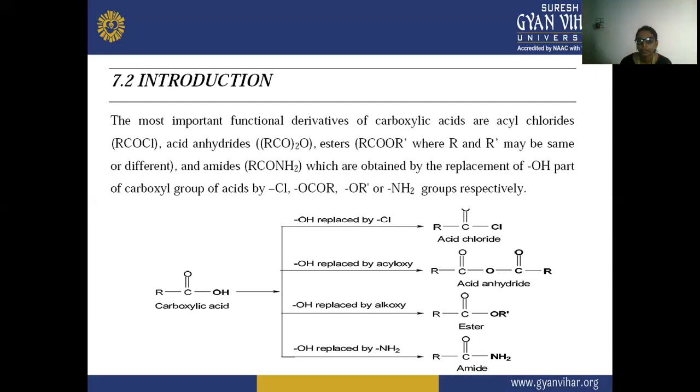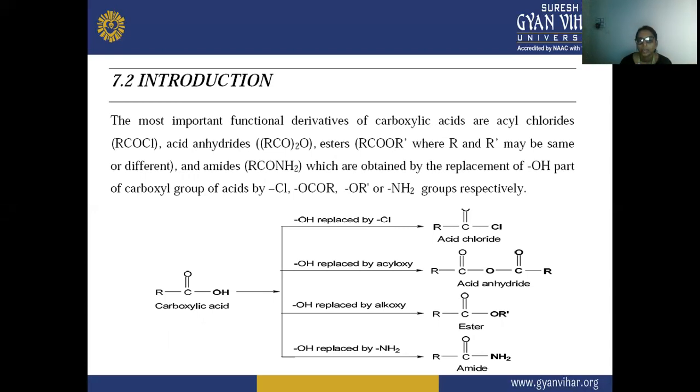Next, in the acid anhydride, the OH is replaced by OCOR. And in the esters, the OH is replaced by OR. In the carboxylic acid, this OH is replaced by the OR, so it becomes the derivative of this carboxylic acid, that is the ester.